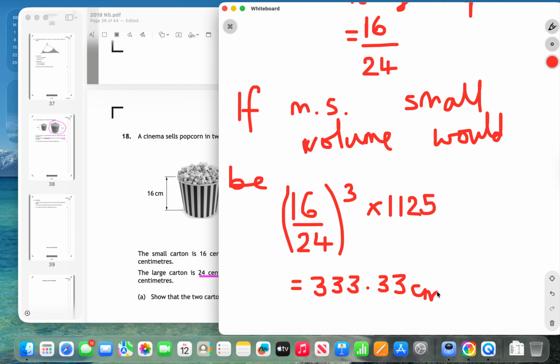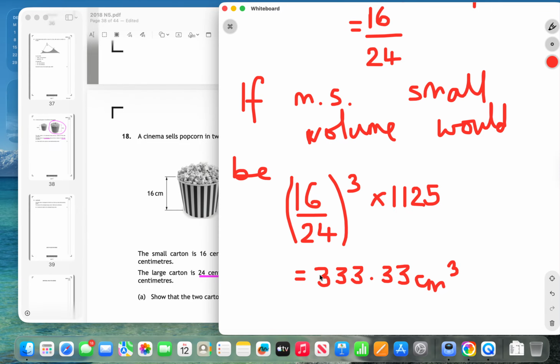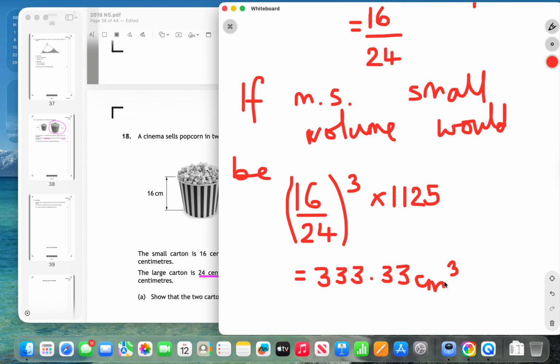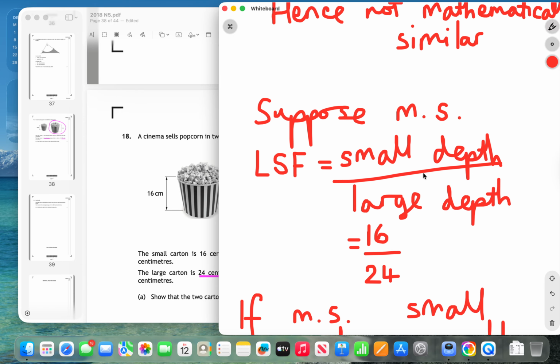You don't have to do both of these methods, of course, you just have to do one. But the idea is that the volume the small one would be, if the large one is fixed and they were mathematically similar, would be this volume.